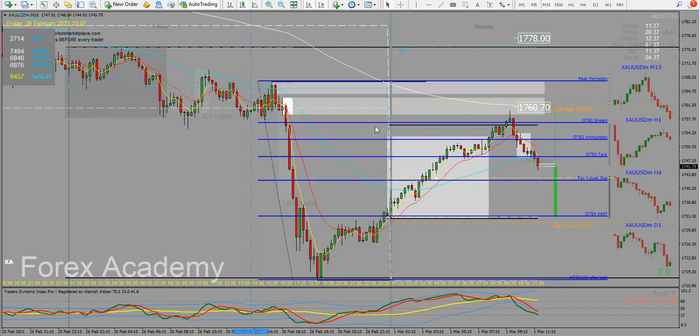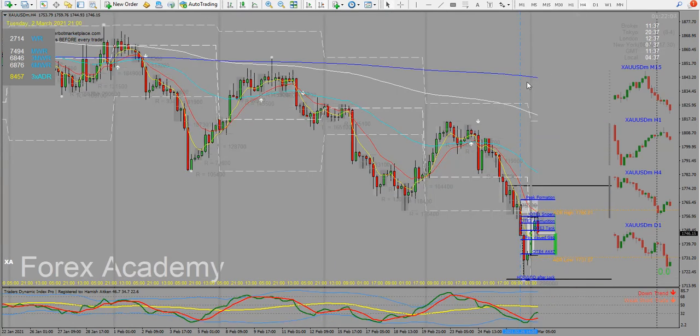I'm targeting gold, guys, because it was the only pair that was playing along from the previous week that I was anticipating, and then I'm expecting this market to drop below.